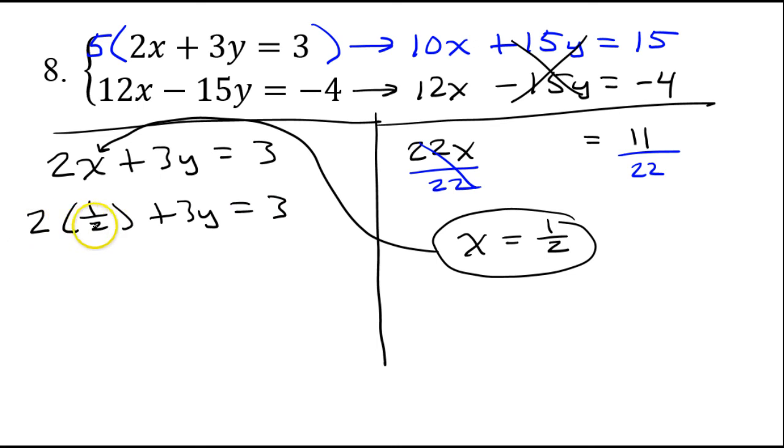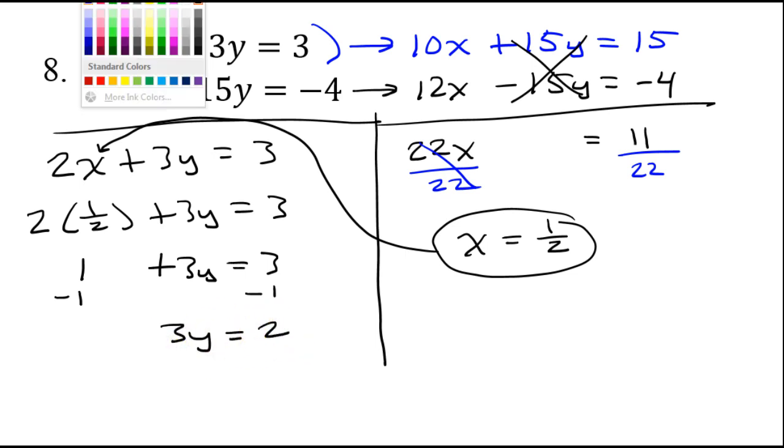Now, 2 times 1/2 is the same thing as half of 2. Half of 2 is 1. So now I have 1 plus 3y is equal to 3. Subtracting 1 from both sides, now I have 3y is equal to 2. Time to divide both sides by 3.